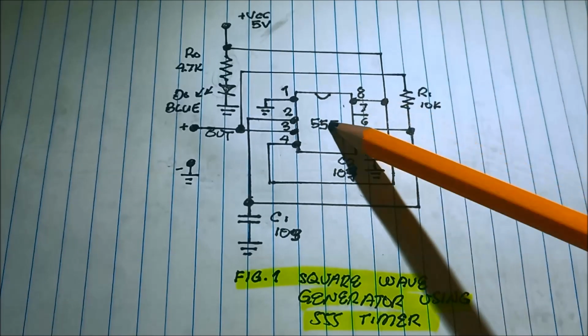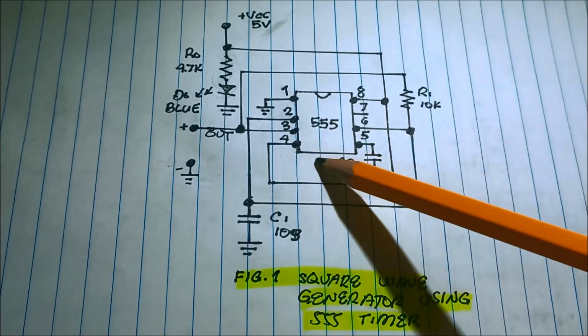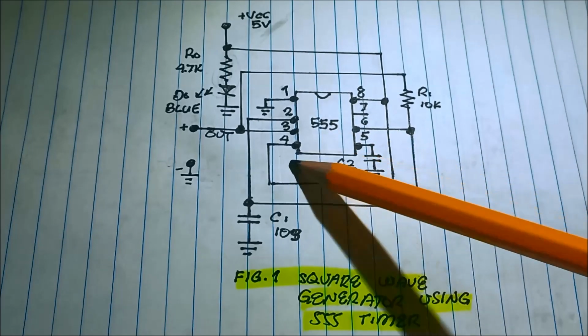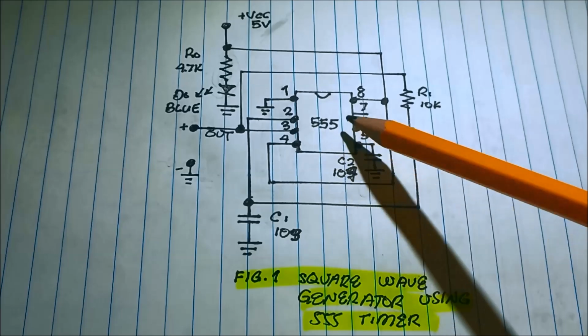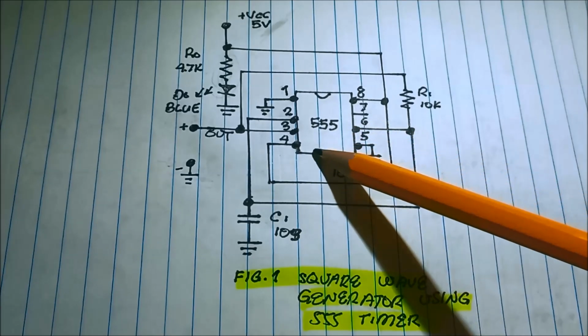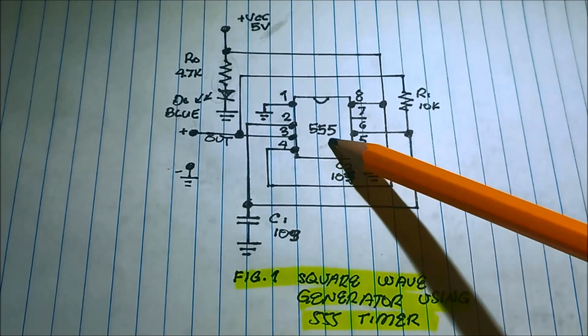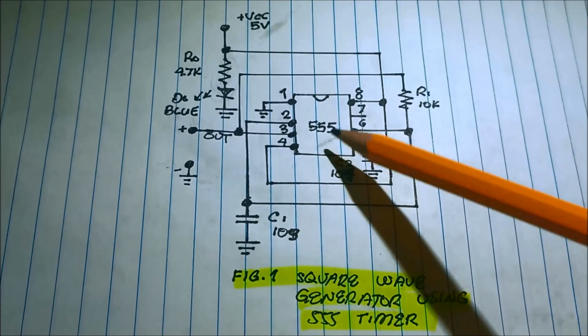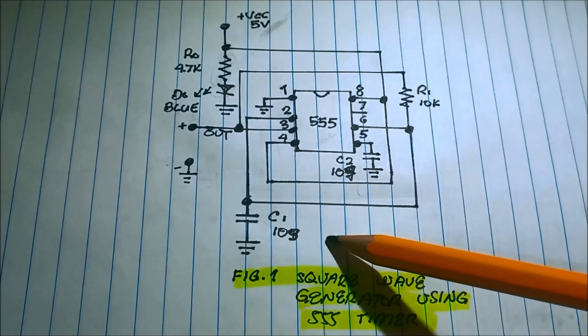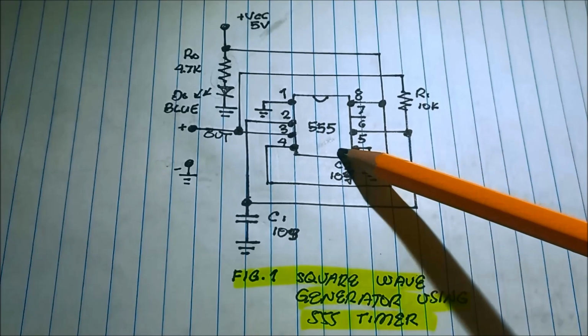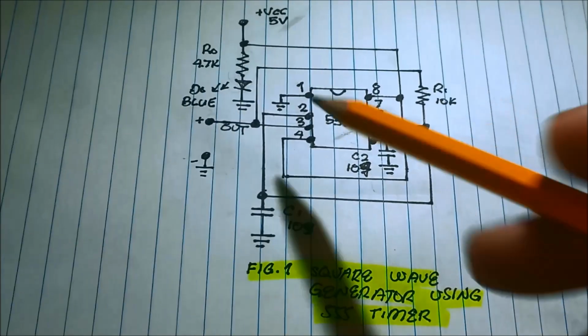The 555 here, what is the configuration or the use of the 555 here? What's the function of the 555 in the circuit? This is an oscillator.